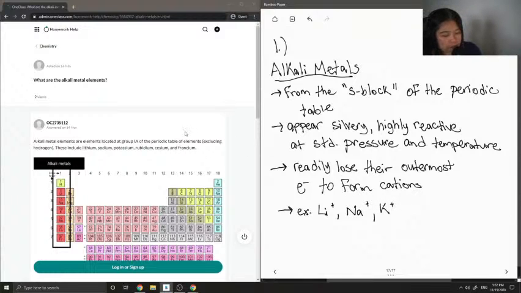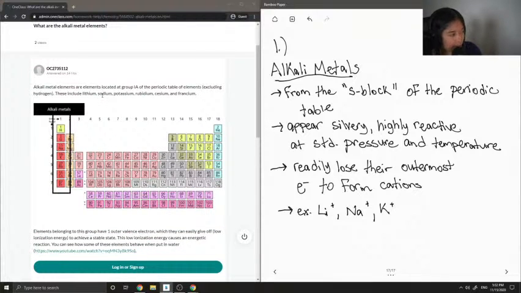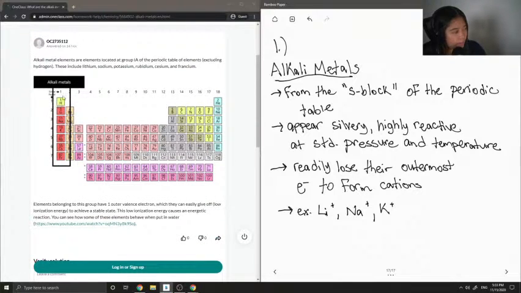Okay, so let's see what the junior tutor said. Alkali metals are elements located at group 1A of the periodic table of elements, excluding hydrogen. These include lithium, sodium, potassium, rubidium, cesium, and francium. They have it boxed out with the exception of hydrogen.